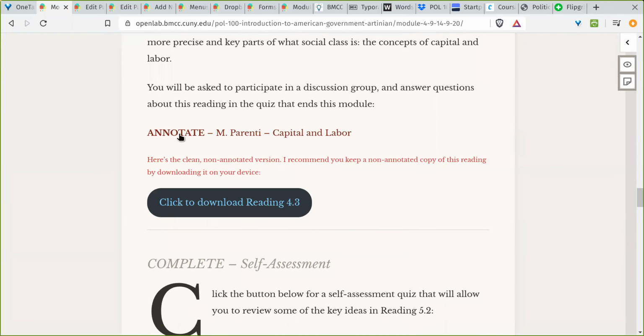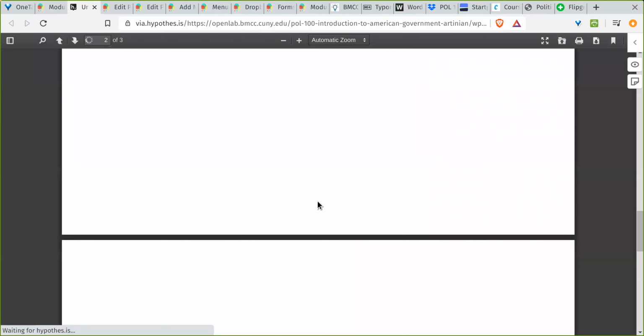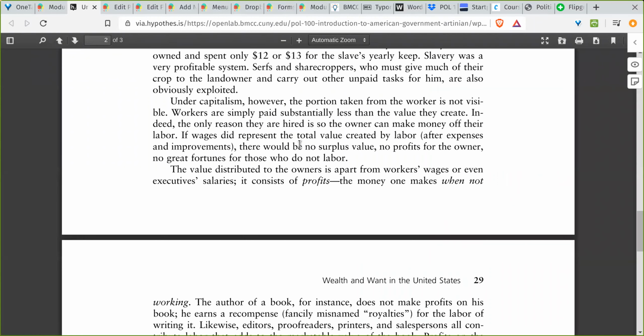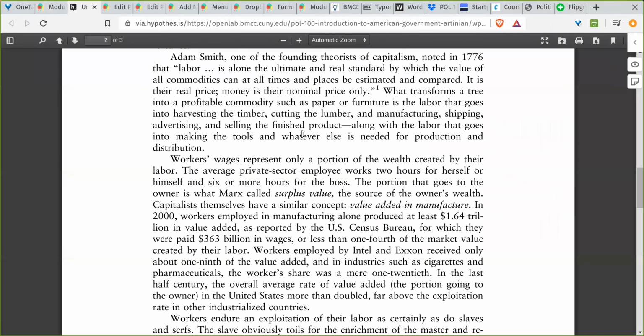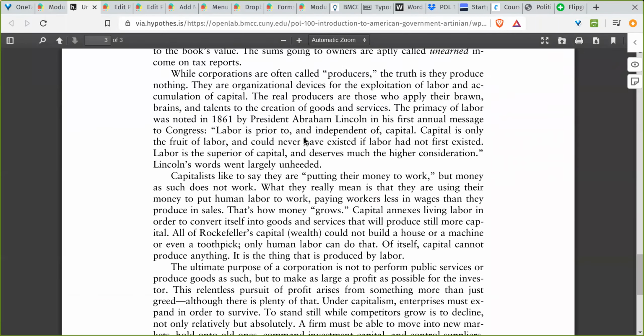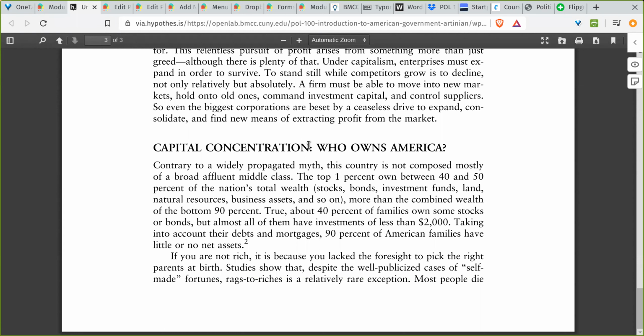Now, this reading, Capital and Labor, sets up some specific concepts and ideas that we need to be aware of, which will make our understanding of social class more sophisticated and thus ultimately more useful compared to the first two readings that we did in lesson 4.1.